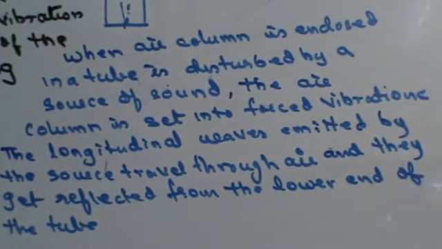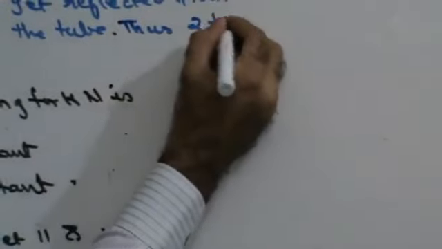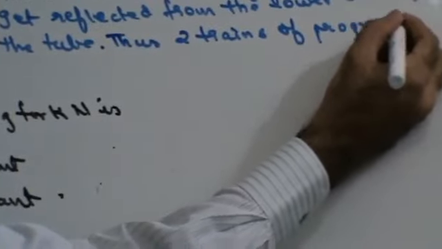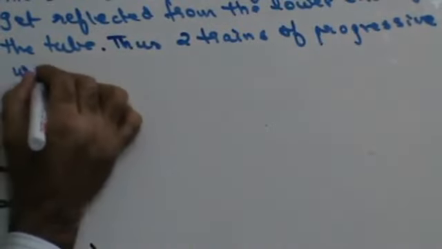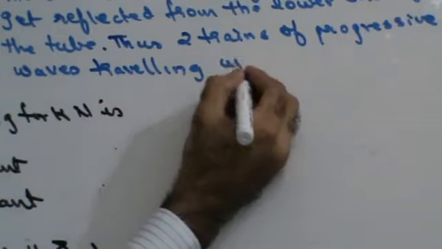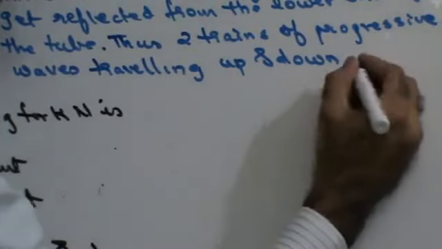So, I can say thus two trains of progressive waves, traveling up and down, are formed.